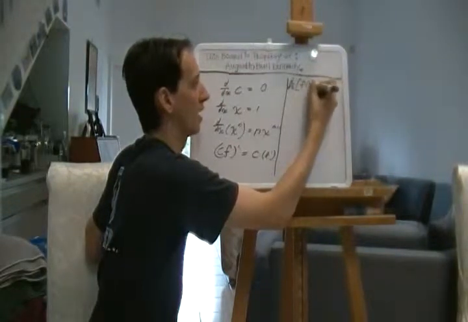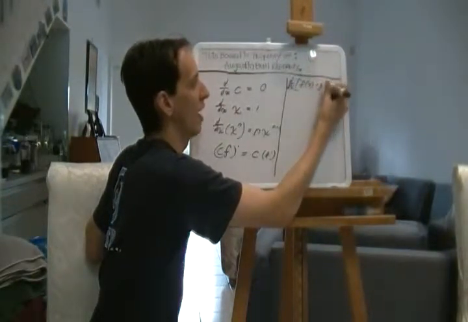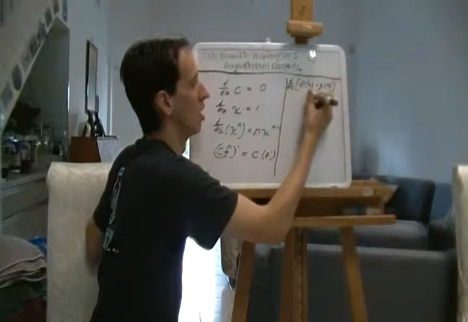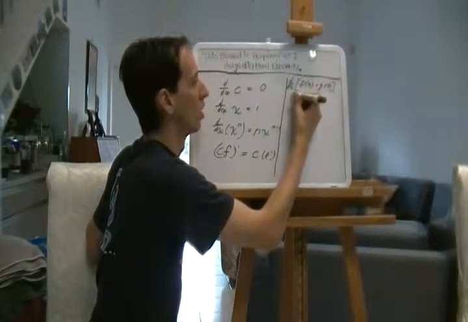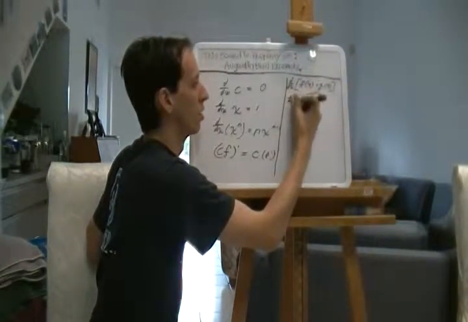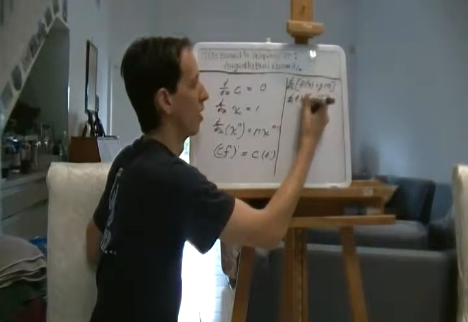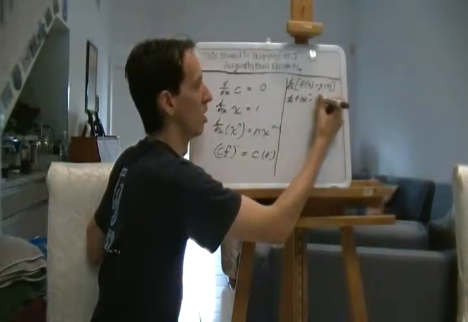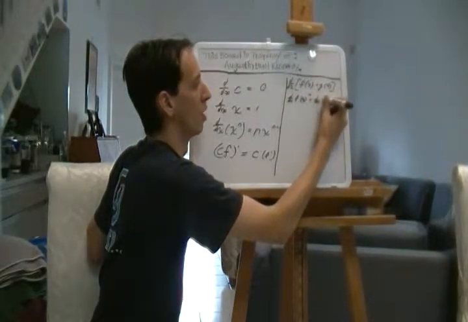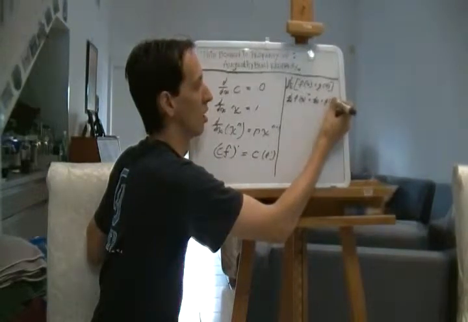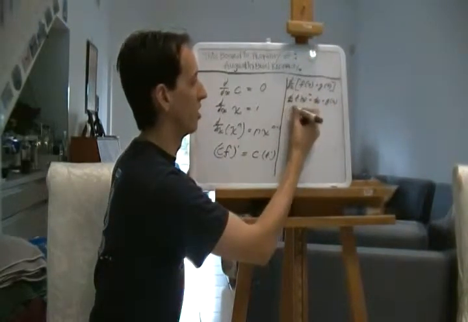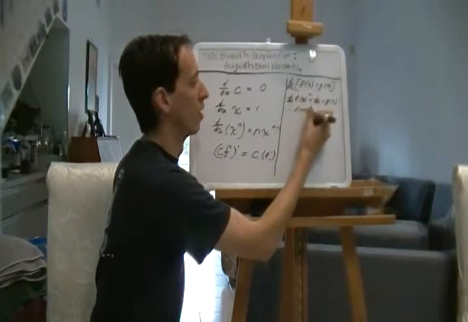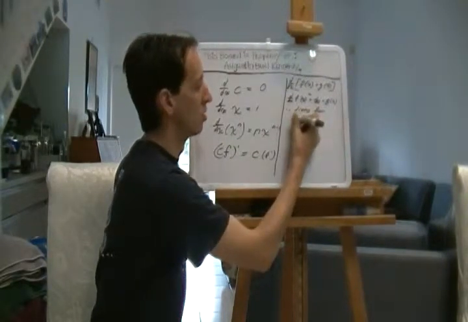We also know that the derivative of f of x plus g of x equals the derivative of f of x plus the derivative of g of x, ditto for subtraction.